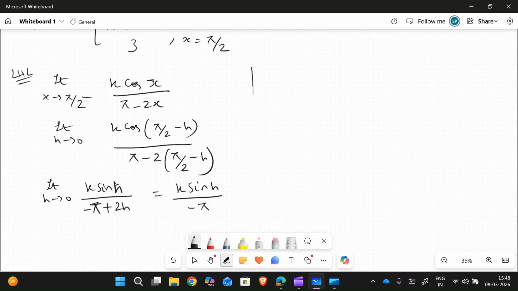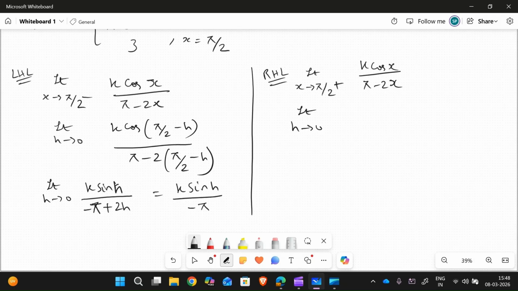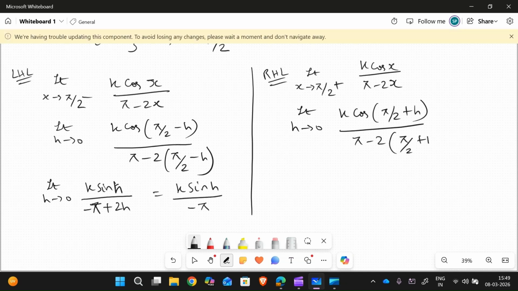Now we'll solve RHL. RHL is limit x tending to pi by 2 plus of k cos x by pi minus 2x. This will be limit h tending to 0 k into cos of pi by 2 plus h by pi minus 2 into pi by 2 plus h.